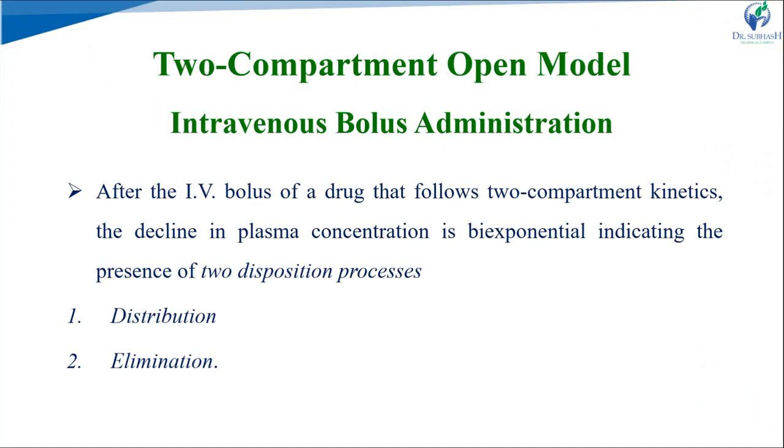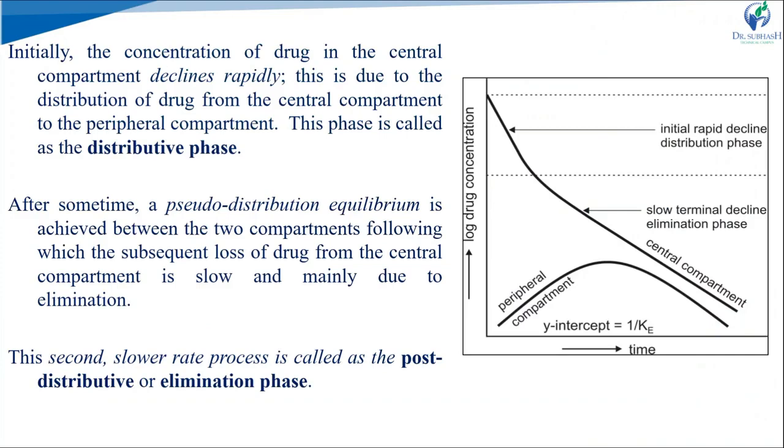These processes are not evident using regular arithmetic plots. When we go for the semi-log plot, concentration versus time, we can identify that distribution and elimination phases are there. In the graph of log concentration versus time, we see two patterns, for the central and the peripheral compartments.